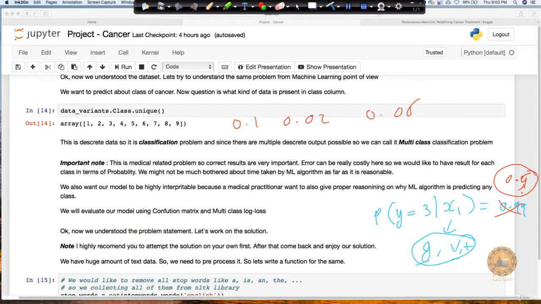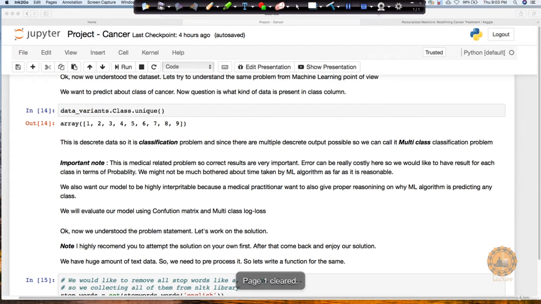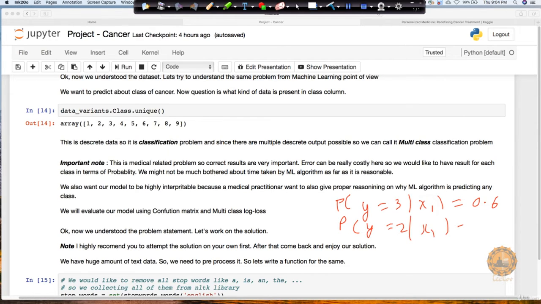Maybe the probability of y belonging to class 3, where the input is x1, is 0.6. Maybe the probability of class 2 given this x1 is 0.4, and all the remaining probabilities are 0.